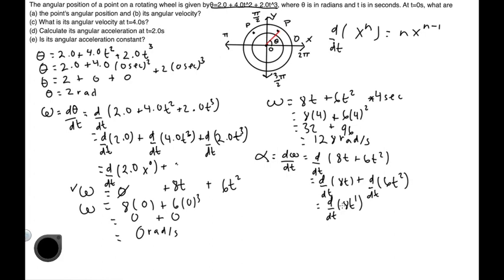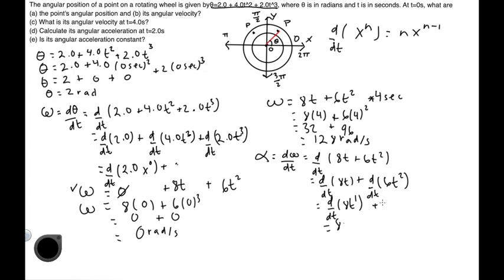So 1 times 8 is 8, and 1 minus 1 is just 0. And as we said before, anything to the 0 power is going to be 1. So this is equal to 1 times 8 times t to the 0 power, which is just 8. And then we're going to add the derivative of 6t squared.